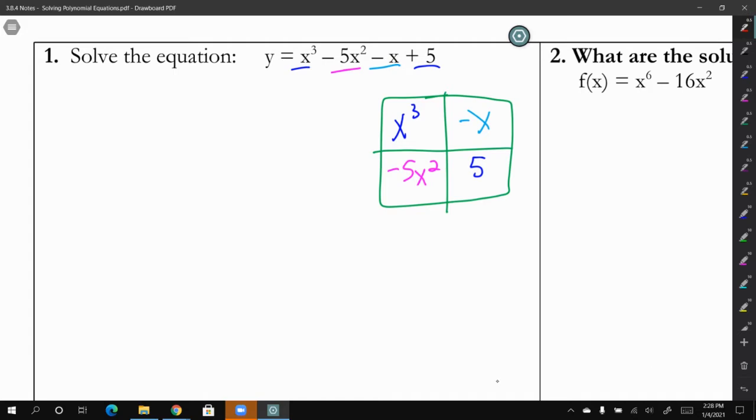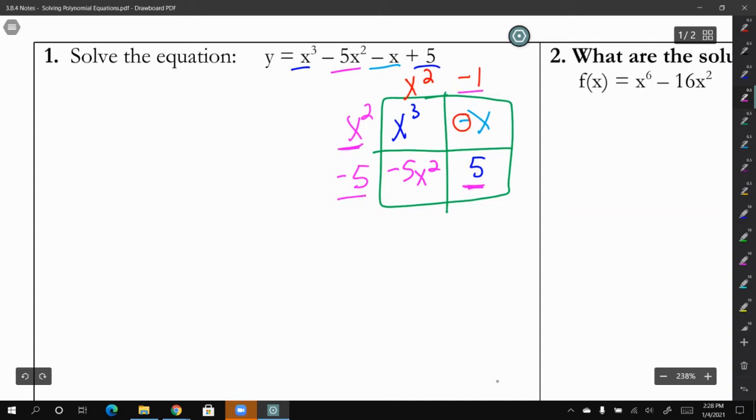GCF of the first column is x squared. The GCF of the second column is a 1, but because that top number is negative, it's going to be negative 1. And then over here, we're going to have x and negative 5, because negative 5 times negative 1 is positive 5.